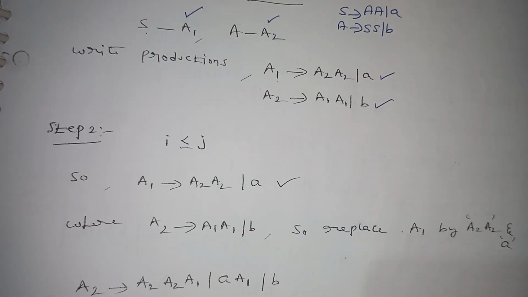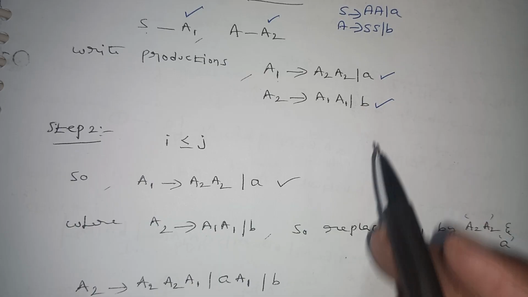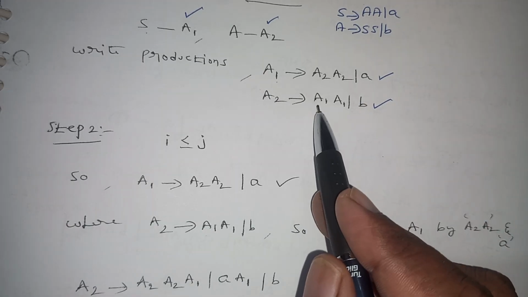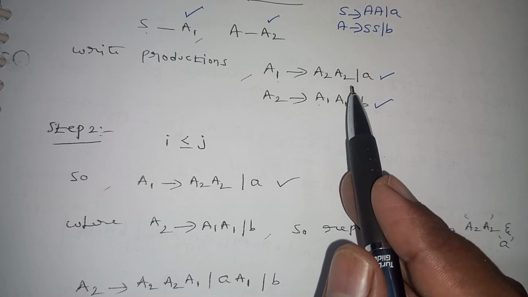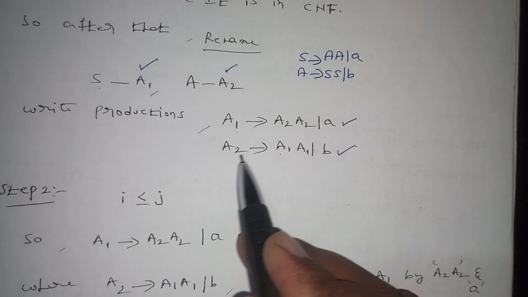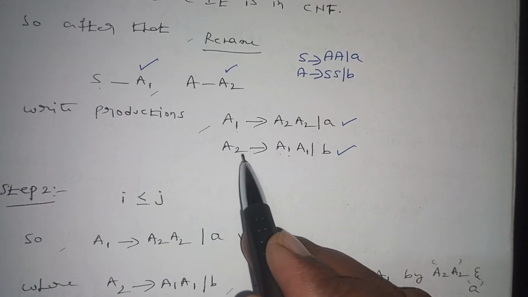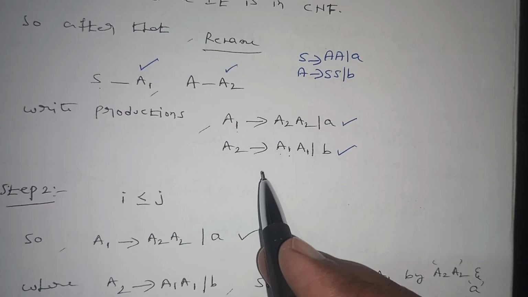Now what you do? You take this one. In the place of A1 you write this entire rule. Let's see how to do it. I'm telling one more time: because j equal to 1, i equal to 2, the condition is not satisfied. Now what you replace?